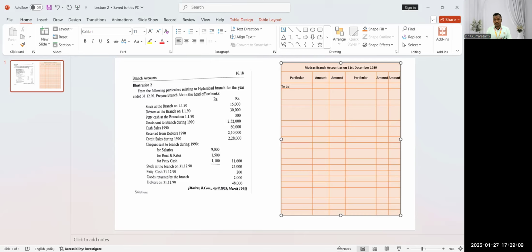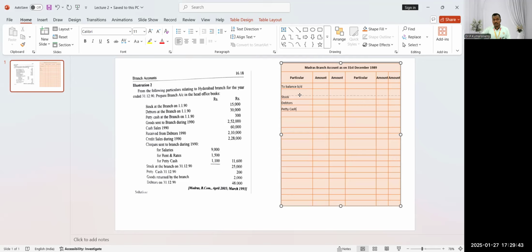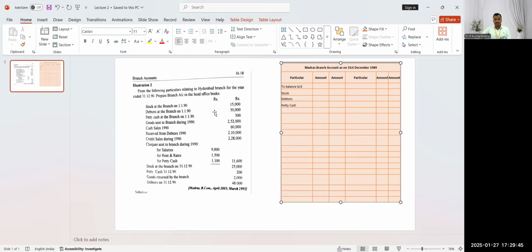So to balance b/d, under which you write one by one. What is the first one? Opening stock. Here I am typing it as stock. Second one is debtors. Then petty cash also given. So these three items come under the heading of balance b/d in the debit side. What are the amounts given here?